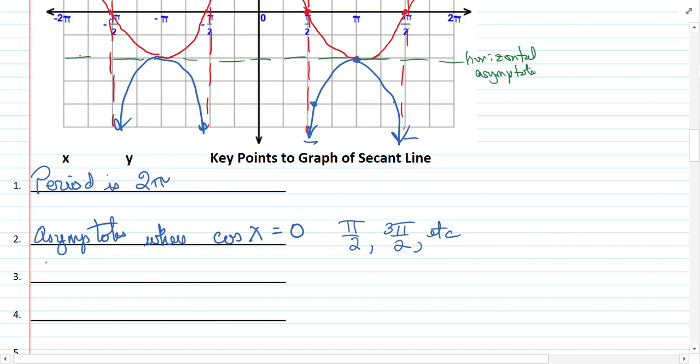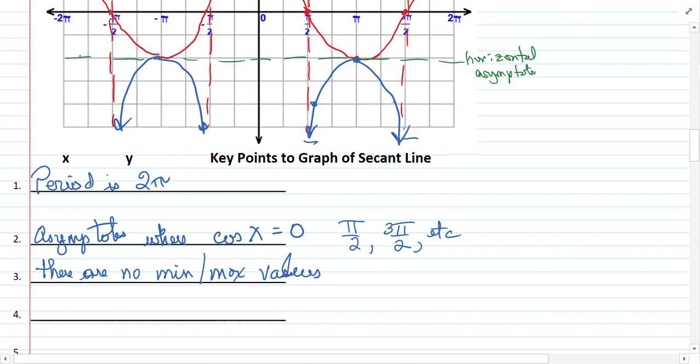There are no mins, or there is no mins, or max values, because they go to infinity.